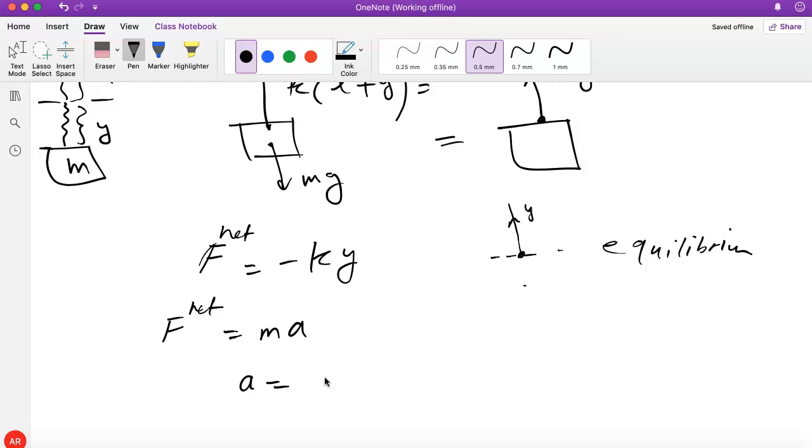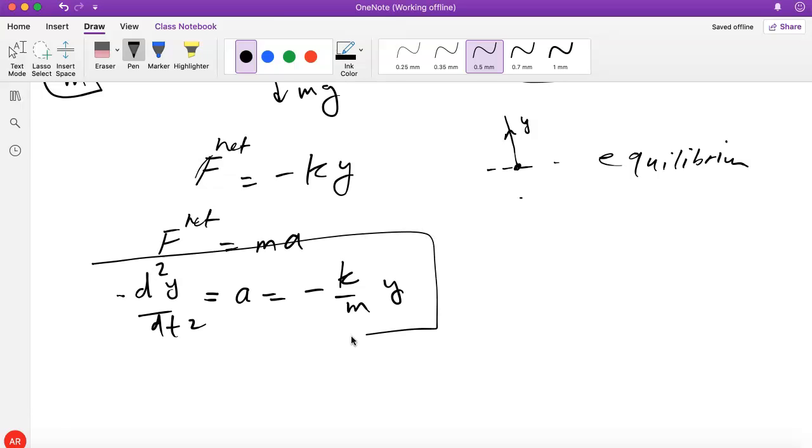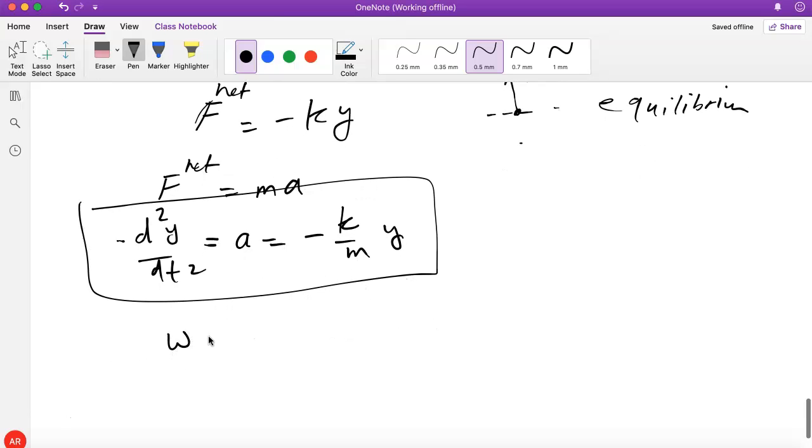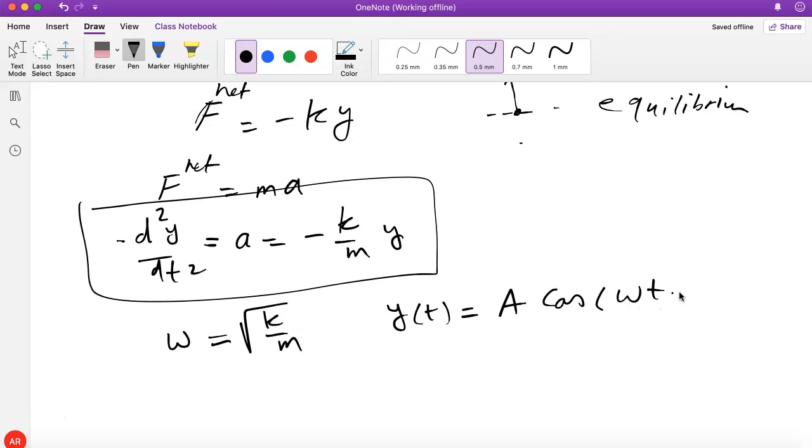So the acceleration becomes minus k over m times y, and this is the second derivative of y with respect to time. Therefore, again, we have the same angular frequency as before, and we can write the same general solution. So y of t is again some amplitude cosine omega t plus phi naught, etc., and similar equations for derivatives.